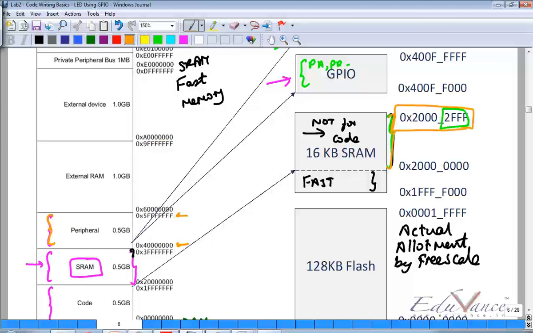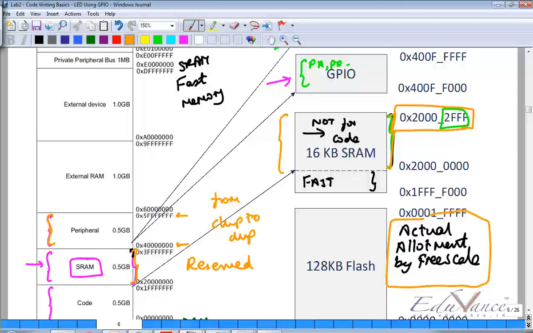So the address space given to us by ARM is 0.5 GB, but the actual SRAM is not as much. It is always good practice to see what is the actual allotment versus what is reserved, and this will vary from chip to chip. So we need to make sure that we are doing that.